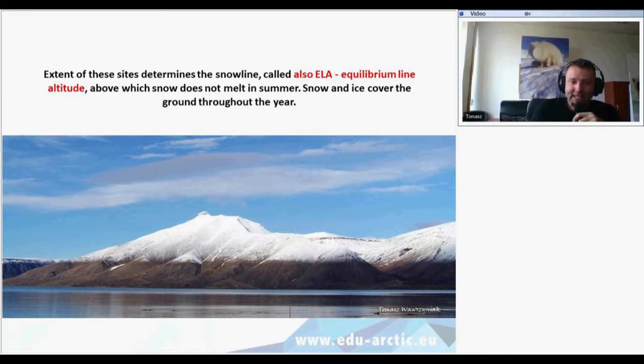The extent of the sites where the snow can accumulate is determined by the snow line. This snow line is called the equilibrium line altitude, ELA. That's the height above which the snow doesn't melt during summer. So the snow and ice cover stay there throughout the year.